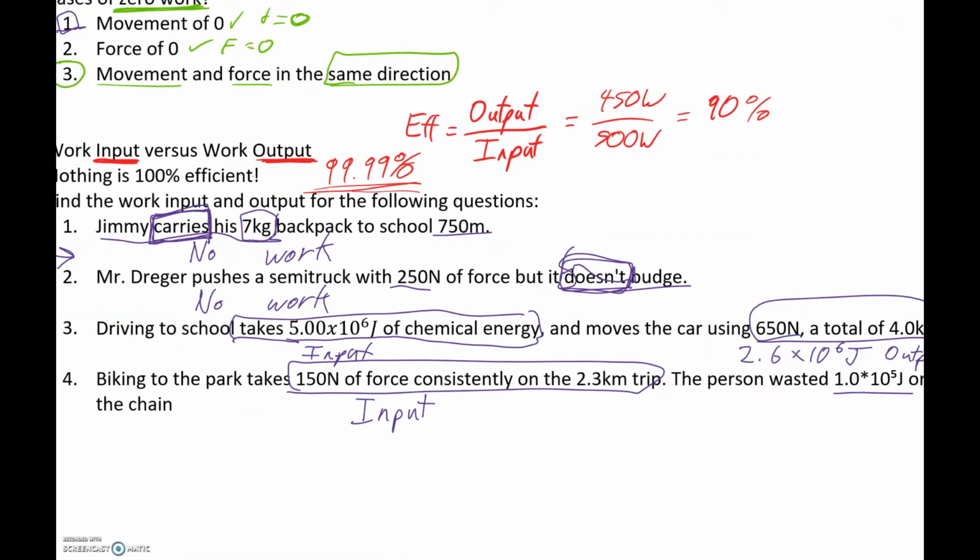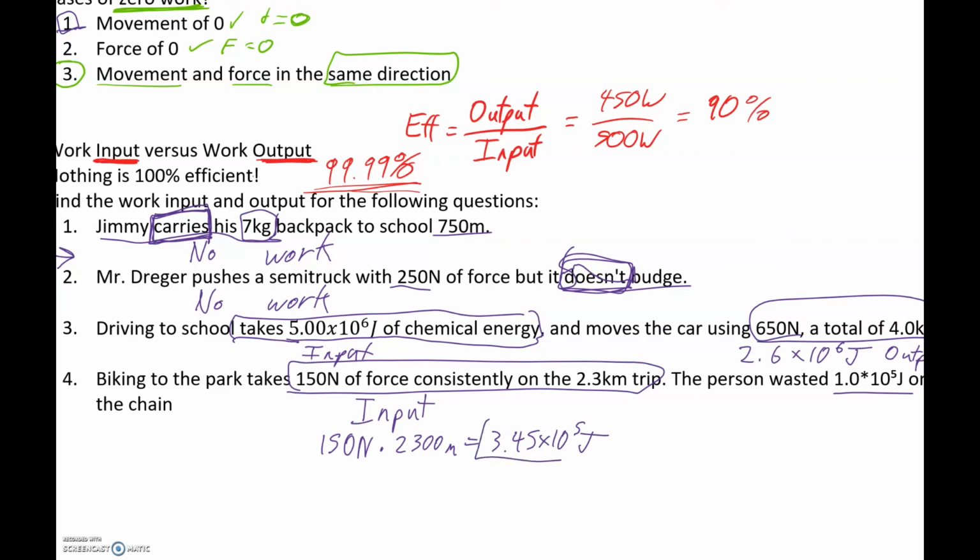That's the amount he wasted, not the output. Wasted is not what we wanted, so it's definitely not the output. So let's first get the input. The actual value is 150 times 2,300 meters, which gives us 3.45 times 10 to the 5 joules.